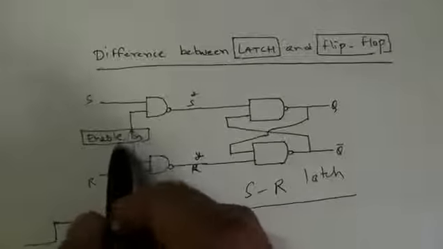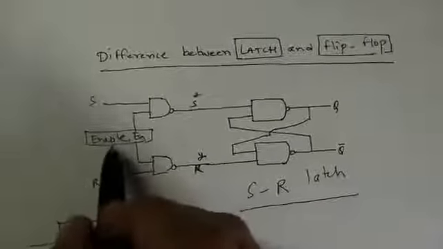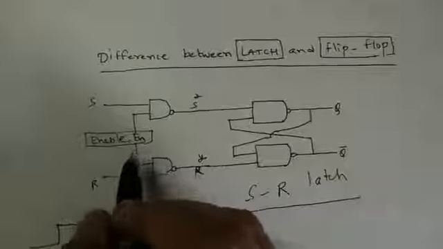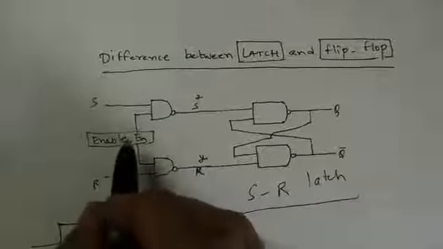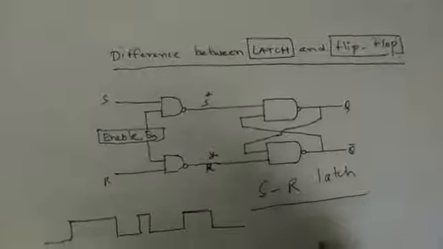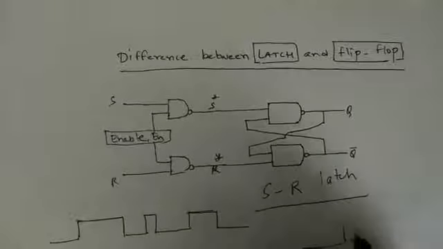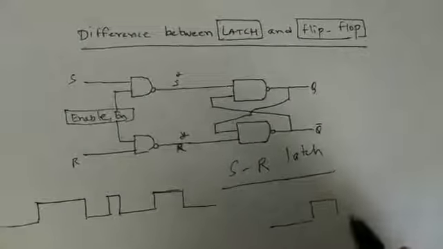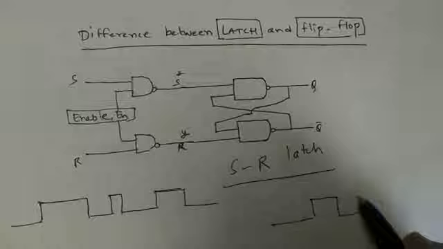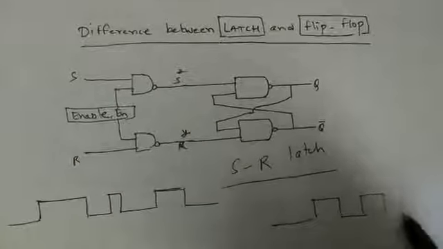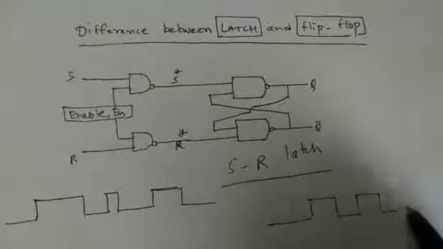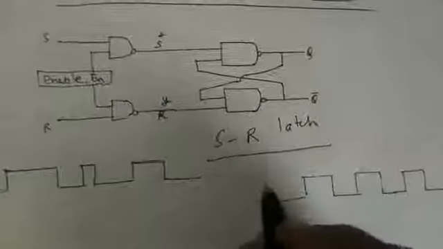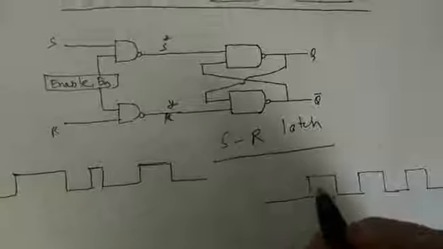In that case, instead of a latch, this circuit will work as a flip-flop, and the main difference lies in the way the clock is operational. This is the waveform of a clock which I have drawn over here.